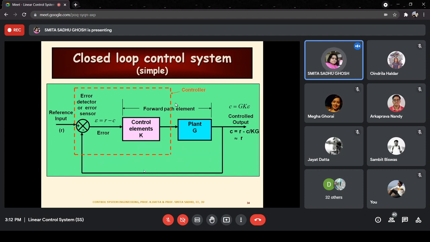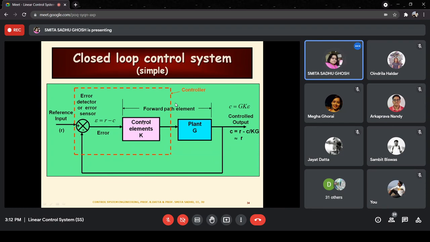That is as far as an open loop system is concerned. On the other hand, in a closed loop system, there would be a signal from the output side to this block. So basically, a comparison is going to be made over here, and a signal is going to be generated, which is going to go to the control elements.